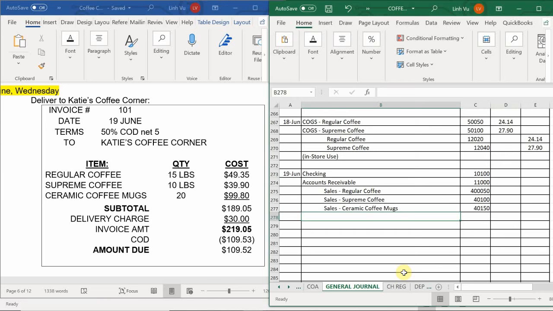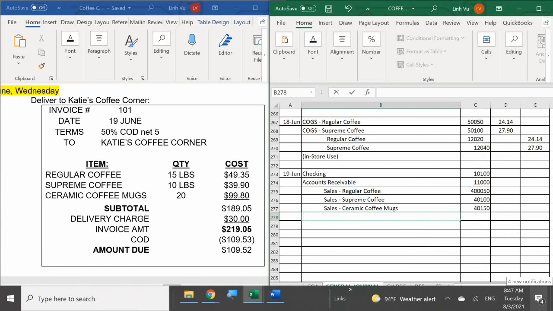You charge the customer for delivery. So is that 48,000? Is that income? Yes. This is going to be considered other income because it is a delivery charge that we are charging our customers. That's separate from our actual core sales, which is selling our coffee. So in this case, this is a convenience charge that I'm charging my customers. So 48,000. Good. We didn't charge them tax. They're a wholesaler. Oh, okay. They're tax exempt.